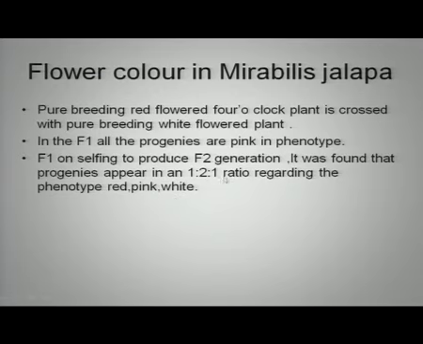So, here we will never get the ratio 3:1. We are not getting the ratio of a monohybrid cross in the F2. So, this shows the variation from the typical Mendelian inheritance.